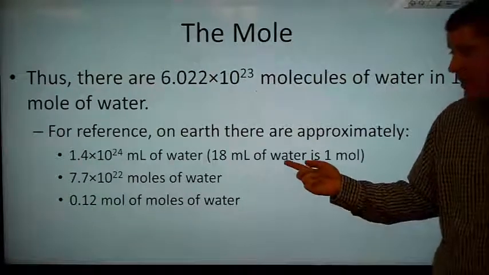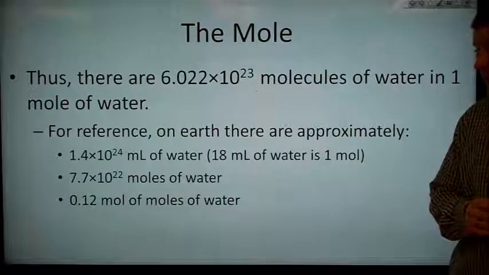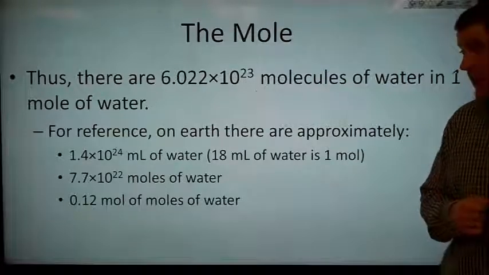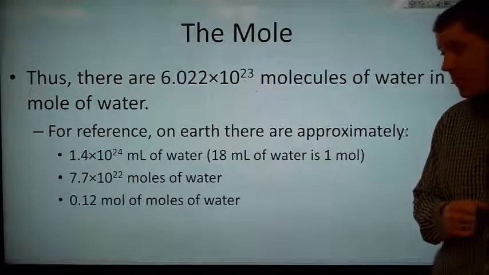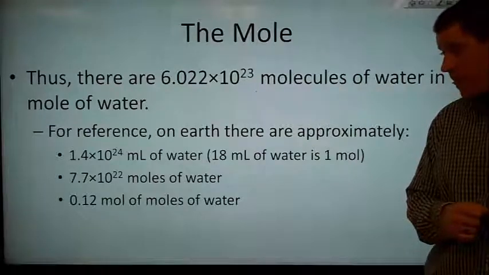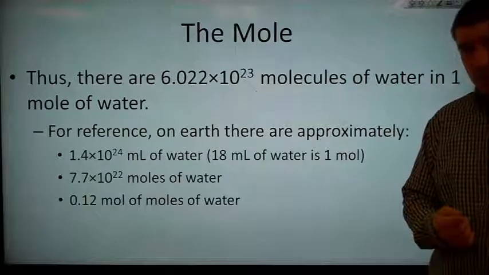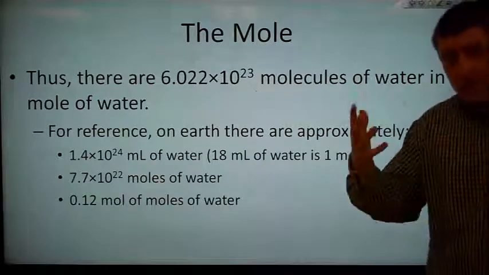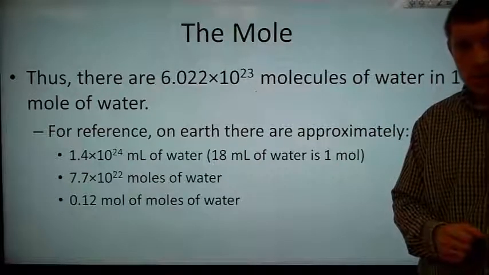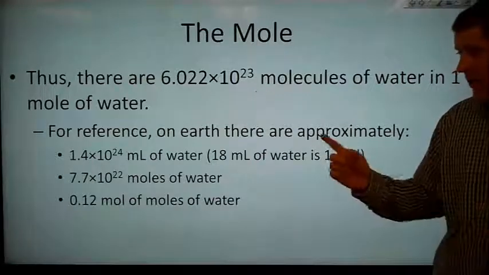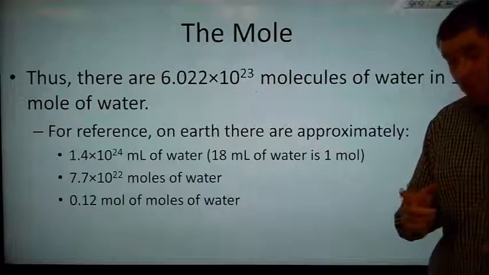So in that 1.4 times 10 to the 24 milliliters, divide that by 18, and we get 7.7 times 10 to the 22 moles of water. That means that in all the oceans, all the lakes, all the rivers, all the frozen water in our glaciers and ice caps, we only have 7.7 times 10 to the 22 moles of water.